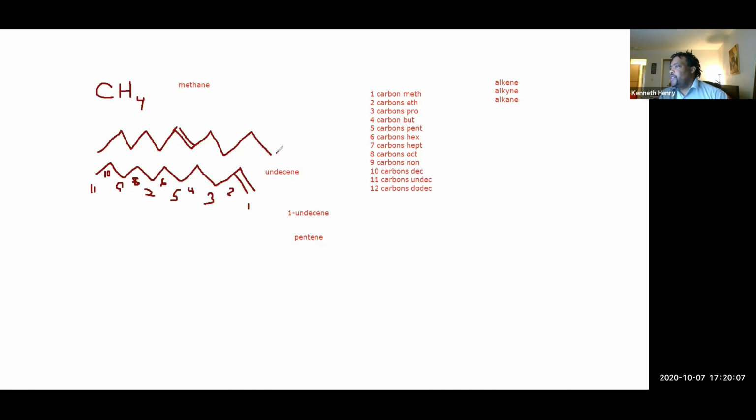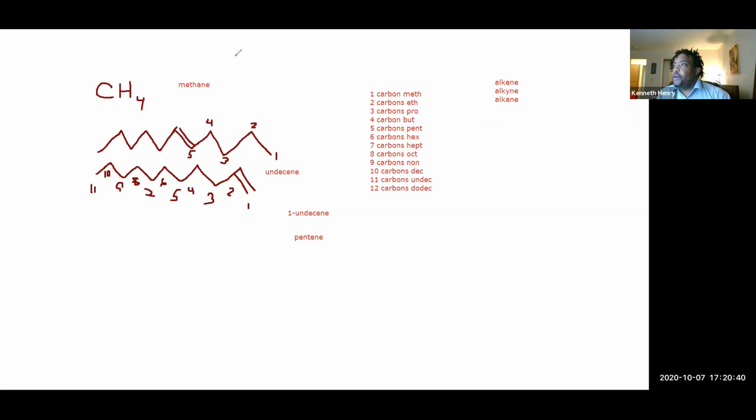So I would number it this way: 1, 2, 3, 4, 5, because that gives me the smallest number for the double bond. Double bond has priority over single bonds, so we start off with that one. And if it was all single, then it wouldn't matter which way you numbered it, unless I had something coming off of the single, which I'll show you in a second.